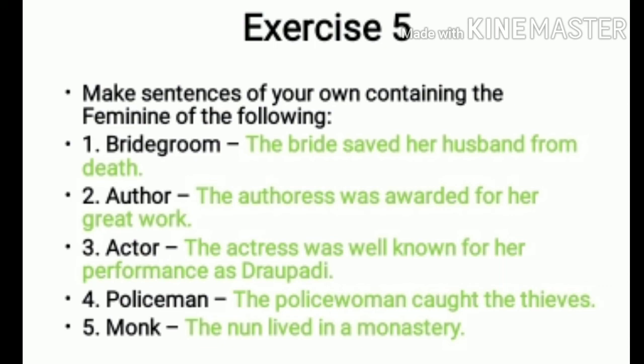Your sentence: the actress was well known for her performance as Draupadi. Fourth one, policeman. Your sentence will be: the policewoman caught the thieves. Your fifth one is monk and your sentence will be: the nun lived in a monastery. So the masculine gender was given, so we made all the sentences with the opposite feminine gender.